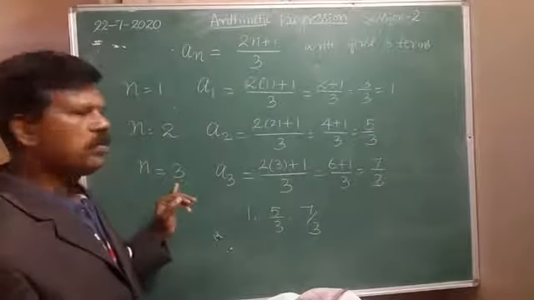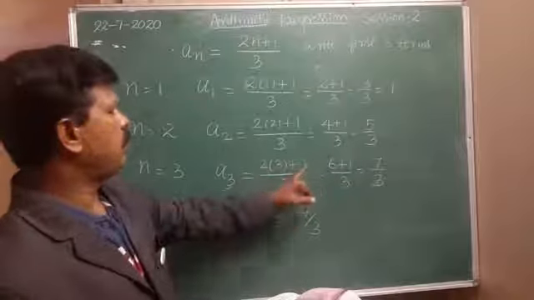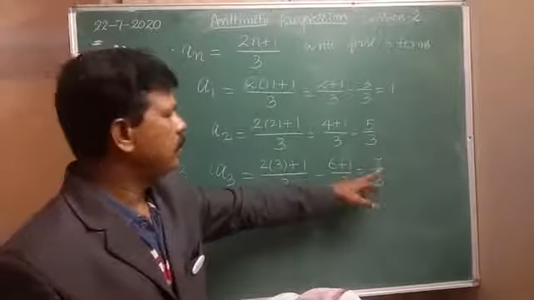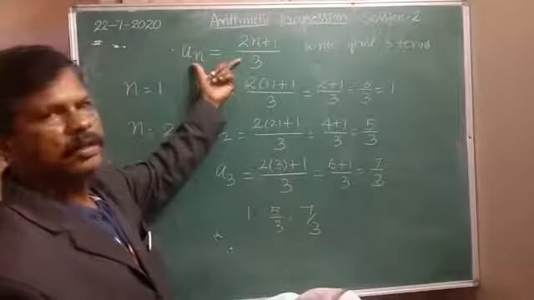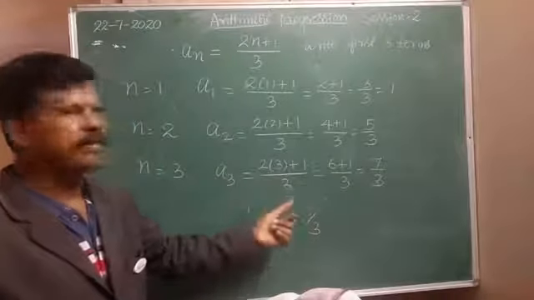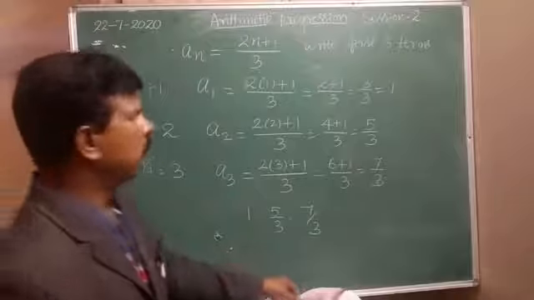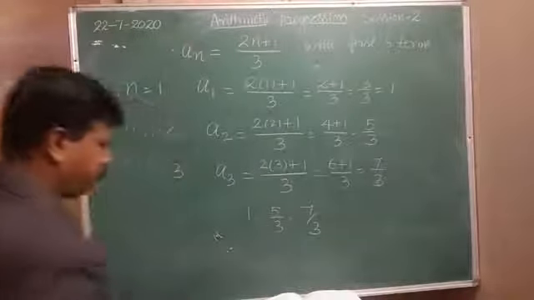Then n is equal to 3: a3 equals 2 of 3 plus 1 by 3, 2 threes are 6 plus 1 by 3, that is 7 by 3. Therefore, the three terms of this nth term formula are 1, 5 by 3, 7 by 3. Clear? This is what the nth term formula of a progression is.